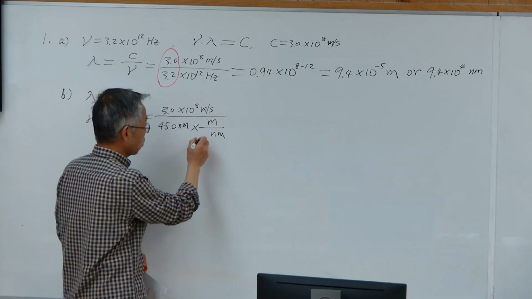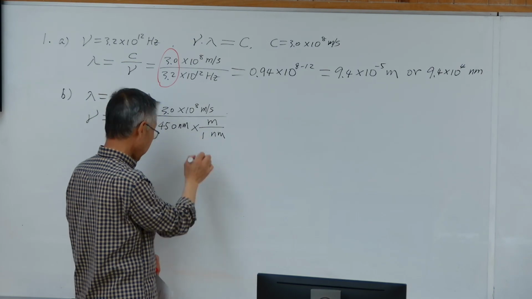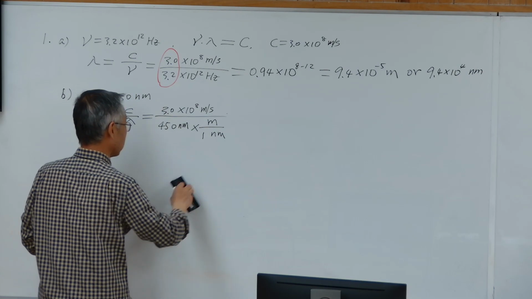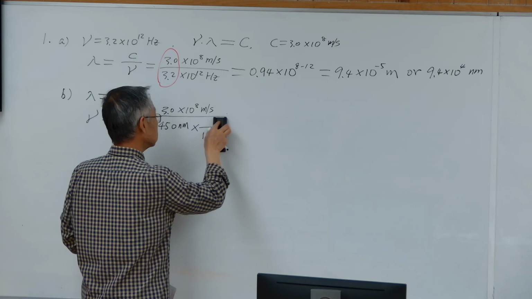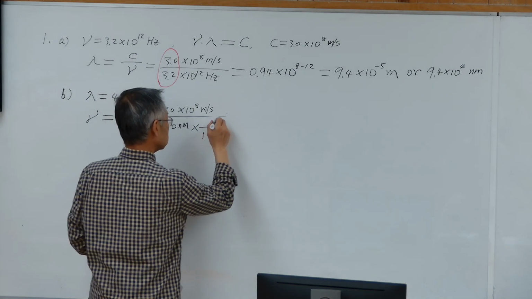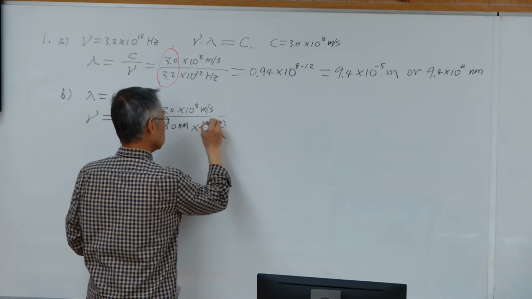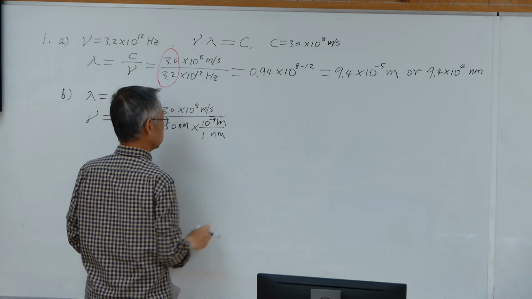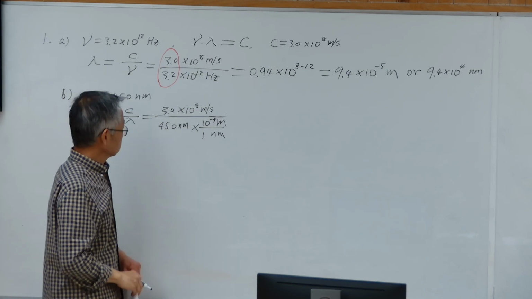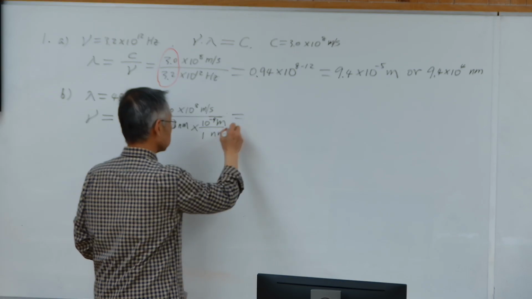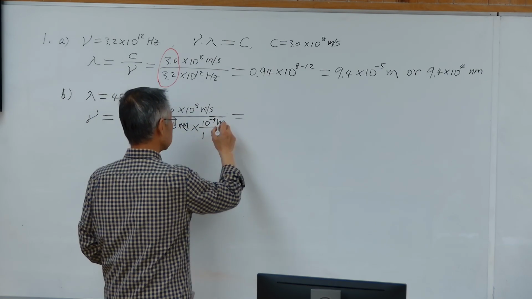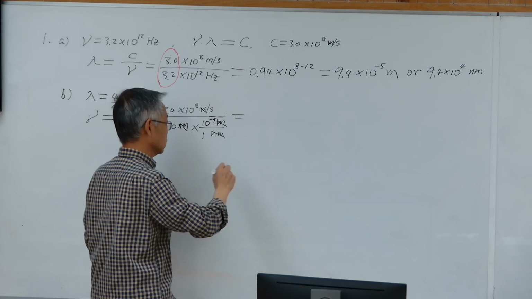Then 1 nanometer is 10 to the negative 9th power meter. Nanometer cancelled, meter cancelled, leftover per second, which is hertz.